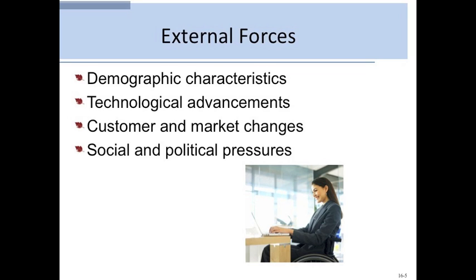Again, customers are different because of changes in the demography of the population, because of increased knowledge. Now customers have more access to information, and this has forced organizations to change the way they do business. And also social and political pressure. The influence of social media, and also the influence of governments on businesses, can play a large role in influencing them to change how they operate.